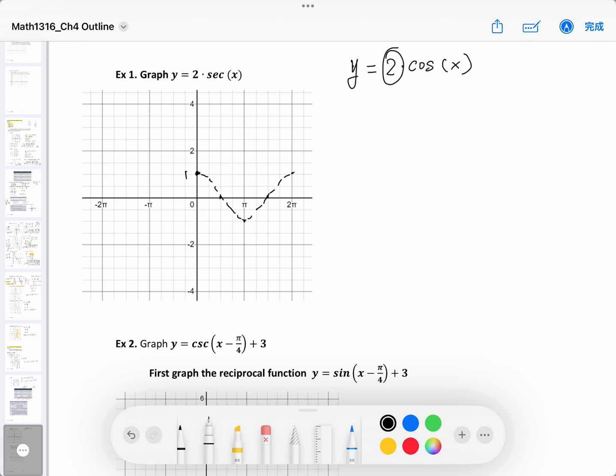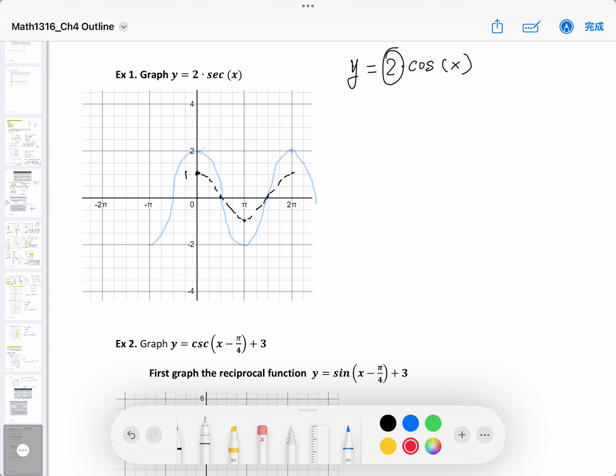For 2 times cosine, we can use a different color and stretch vertically. This is one full cycle, and I can keep graphing it. And how about its reciprocal at the vertical asymptotes?